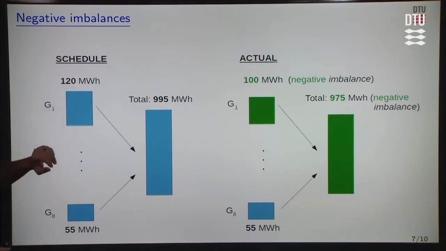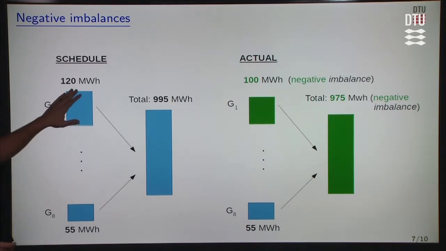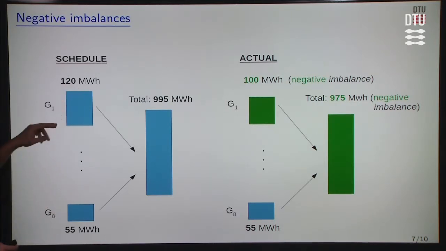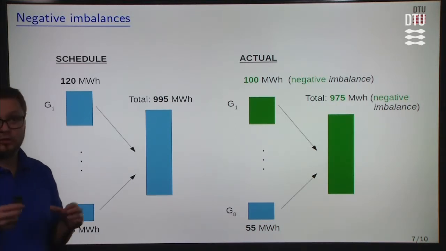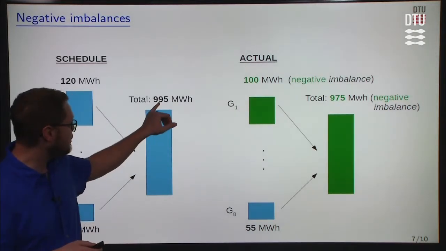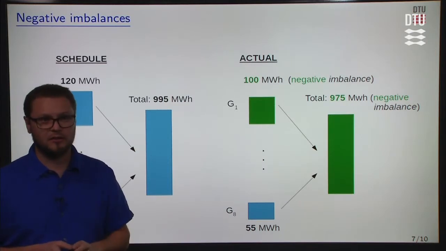Looking at the supply side, we had G1 with a schedule of 120 megawatt hours, then we had G2, G3, etc. until G8 with 55 megawatt hour. So the total supply as cleared by the market reached 995 megawatt hours, and obviously the consumption side is also for a total of 995 megawatt hours.